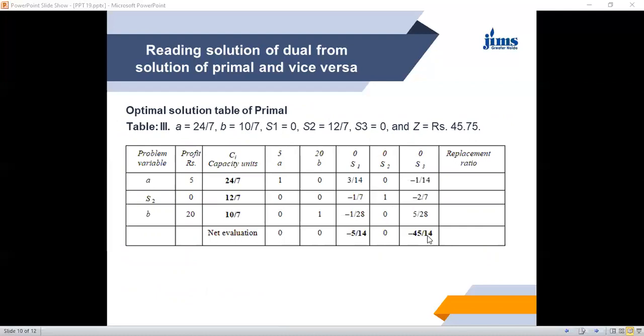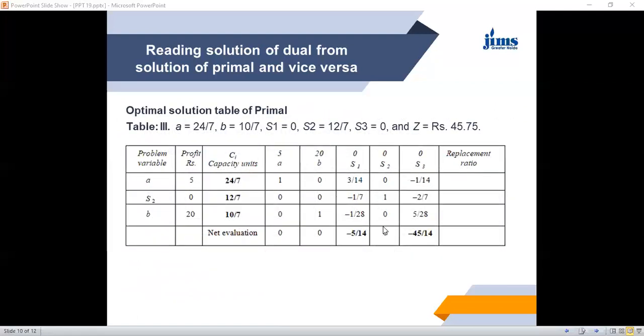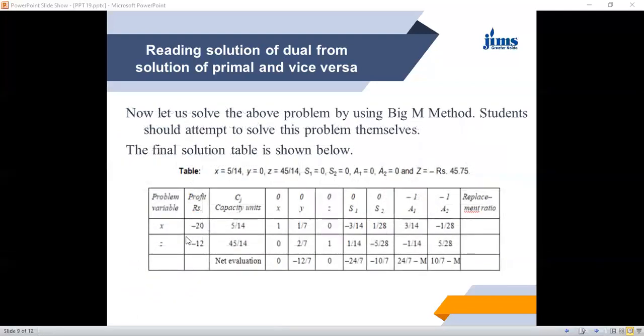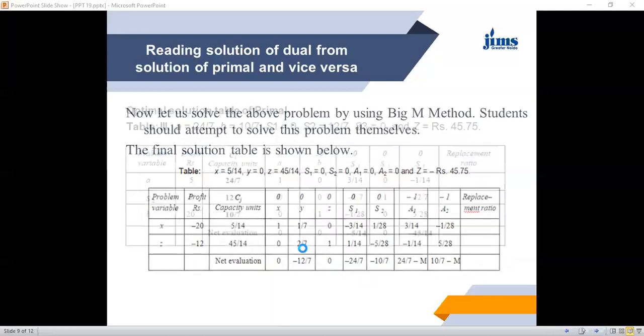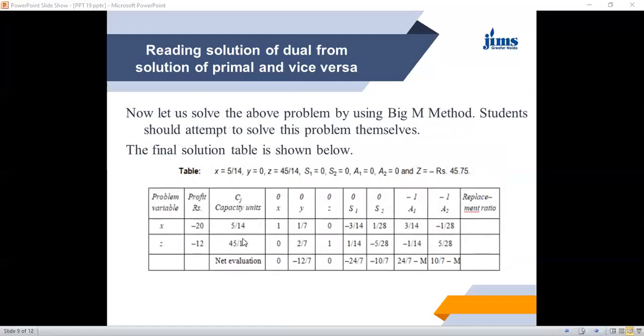So this with sign change, minus 5 by 14 becomes positive 5 by 14. This has become the value of x. S2 is 0 here, so y will be 0. Z was equal to minus 45 by 14, here z becomes 45 by 14.